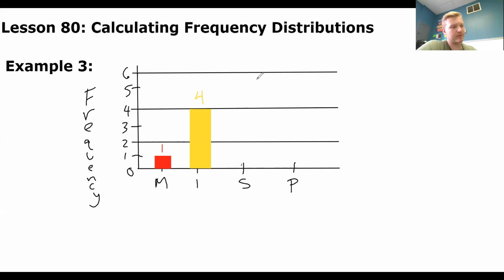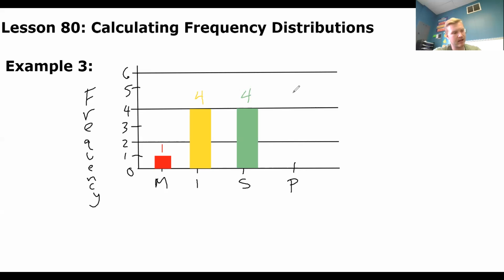How many S's do we have? The third letter is an S, the fourth letter is an S, that's 2, and then 3, 4. So there's 4 of them in Mississippi. So I'll use my green. Go right up to the 4, right next to the I. Put 4 right above it. Cool.